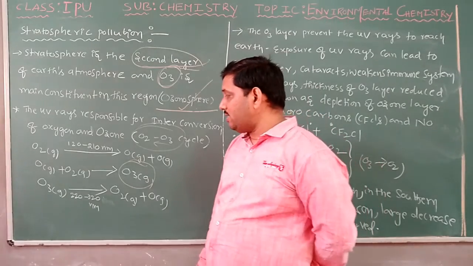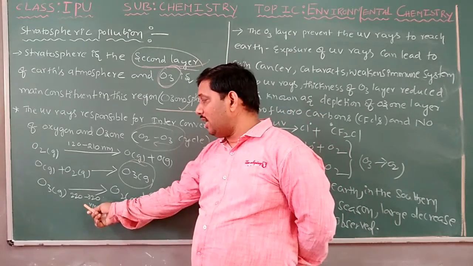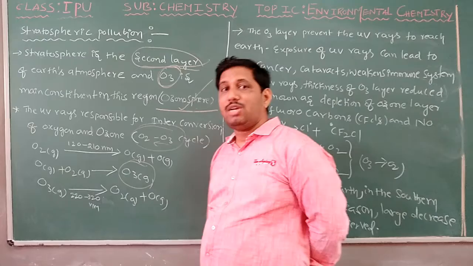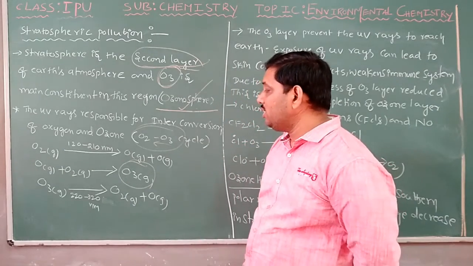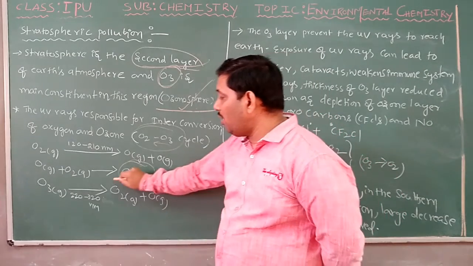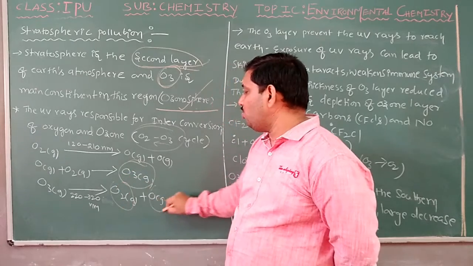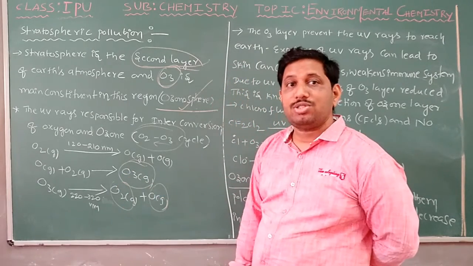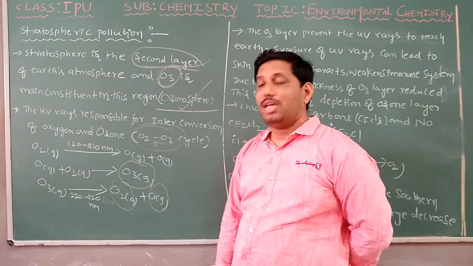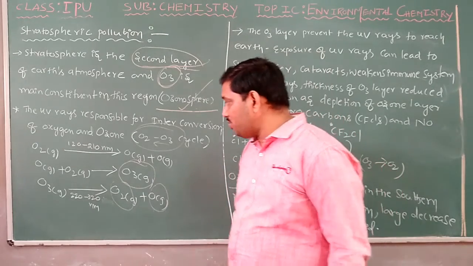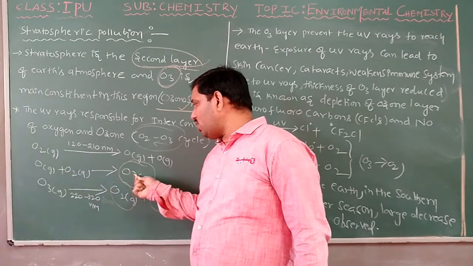The ozone gas reacts with ultraviolet light at a wavelength of 220 to 320 nanometers. It can form oxygen gas plus oxygen atomic gas. Here what happens, students? The oxygen can be converted to ozone.